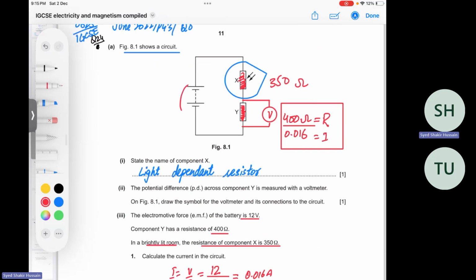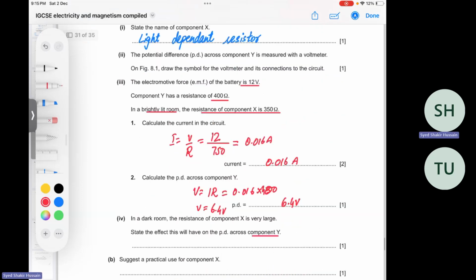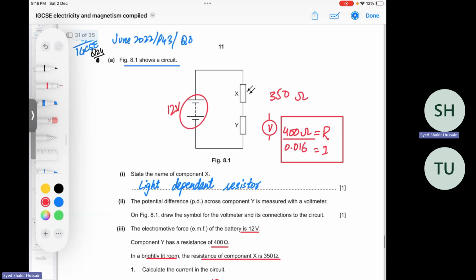So here we are supplying a fixed EMF, right? And since these two resistors are connected in series with one another, these two devices are going to share the 12 volts, right? Now it's saying component X's resistance has increased. So if I increase the resistance of X, will the voltage drop across X increase?